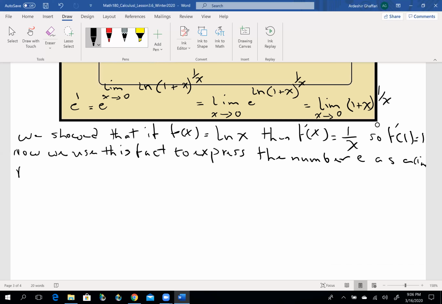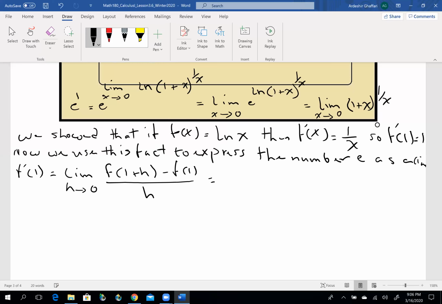f prime of 1 is equal to the limit as h approaches 0 of f of 1 plus h minus f of 1, over h.